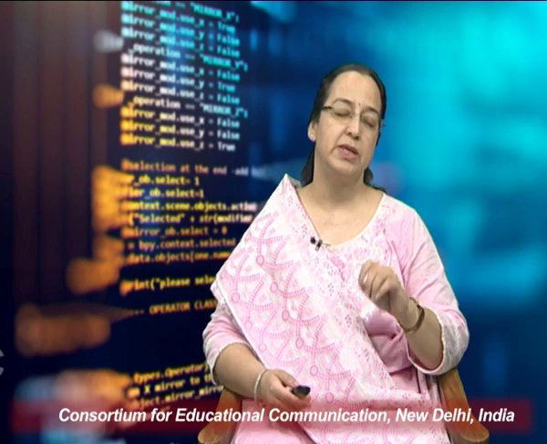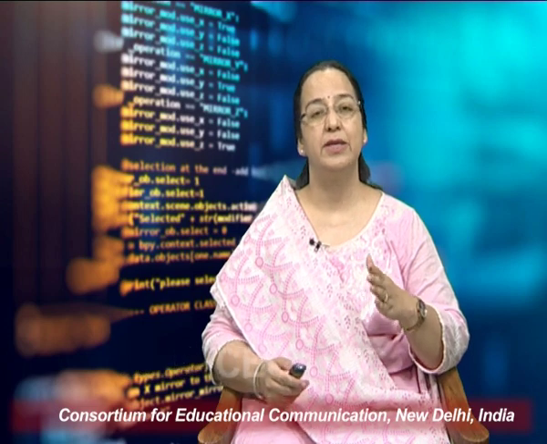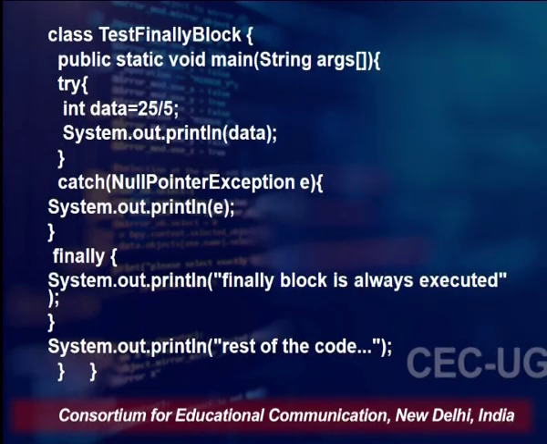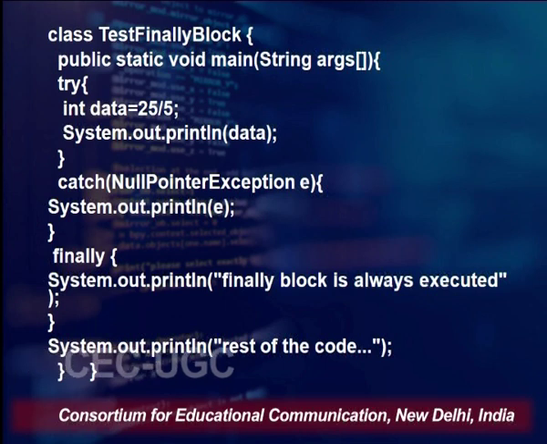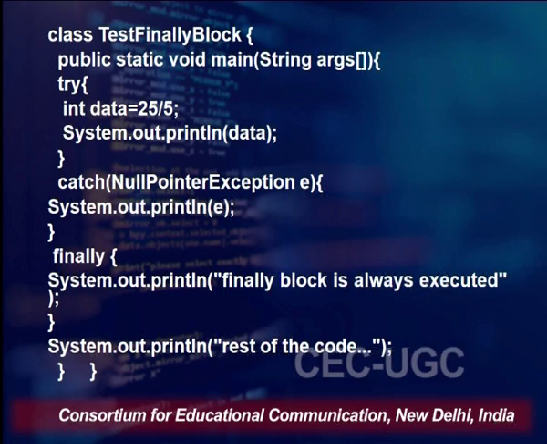So the catch NullPointerException is not going to be used, because there is no such exception inside the try, but the finally block will be executed, and whatever is written inside the finally will be executed. So after printing the value of data as written inside the try block, the finally block will execute, and the statement "finally block is always executed" will be printed in this scenario.